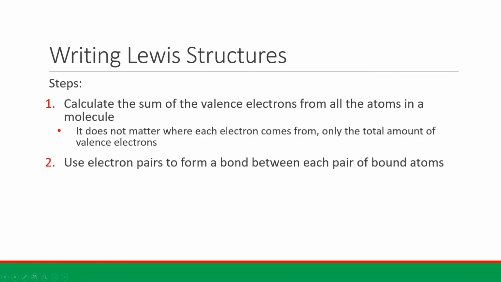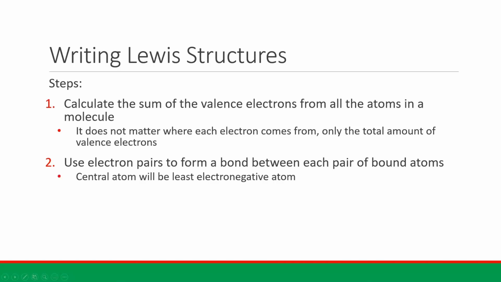The next thing that you're going to need to do is use electron pairs to form a bond between each atom. And there's a specific pattern to this. You're going to put one atom at the center and then connect every single other atom to that center. So we're going to refer to that center atom as the central atom, and we're going to refer to any atom outside of the center as a terminal atom.